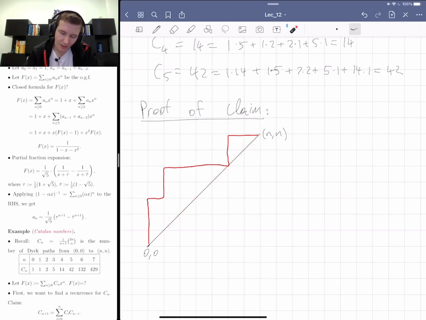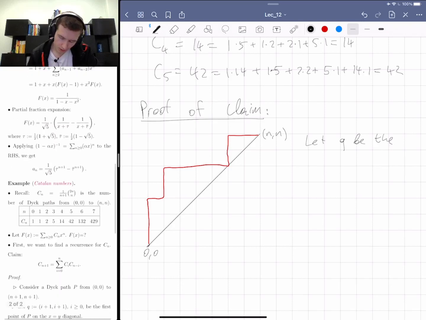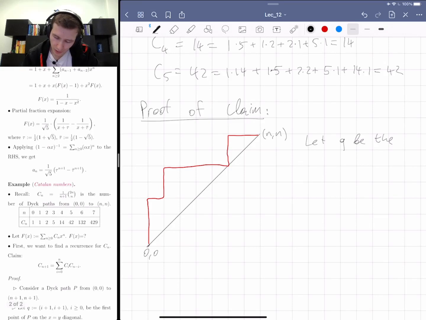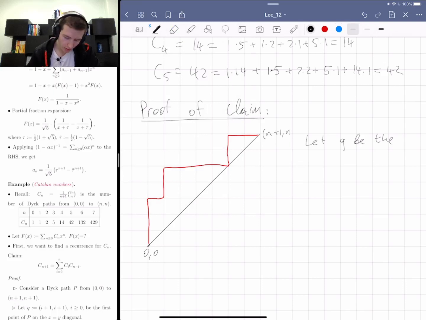What you do is you let q be the... let's have n plus 1, comma n plus 1, because in the recurrence, on the left-hand side, you have n plus 1. So I have to take n plus 1, n plus 1.